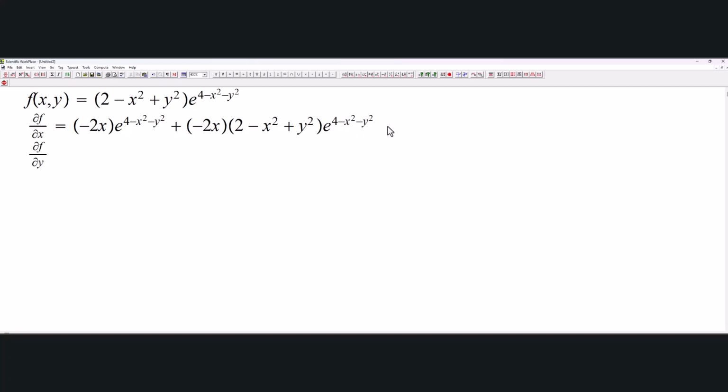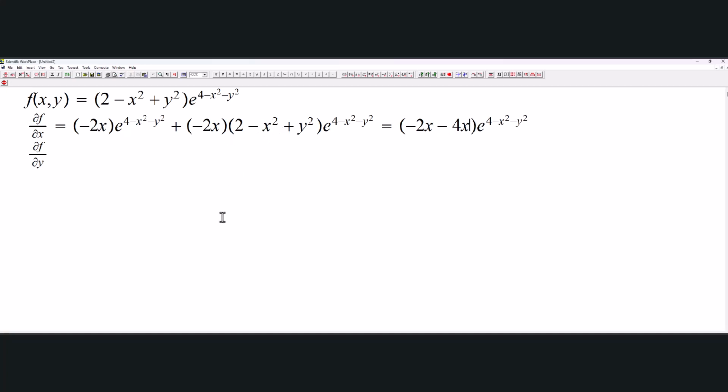All right. And then we can take this out as common factor. So what remains in here is this negative 2x from here. And then let's multiply these out. So what do we get?